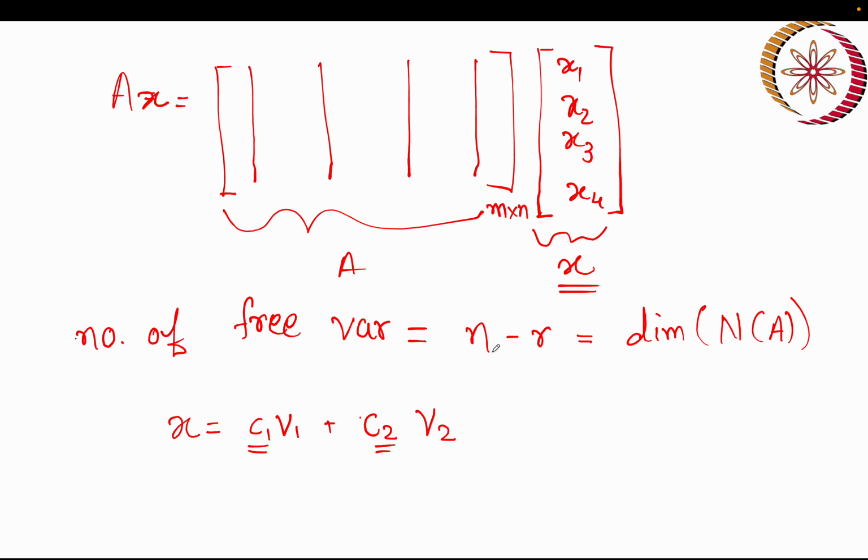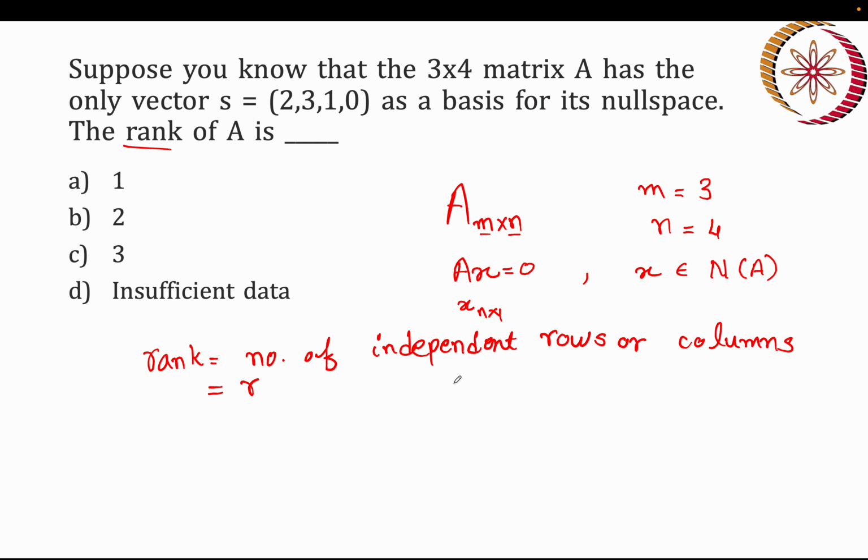If we go back to the question, the null space is spanned by only one vector. So the dimension of the null space of A, which is the number of columns minus rank, is 1.